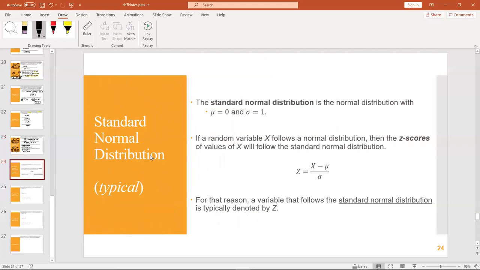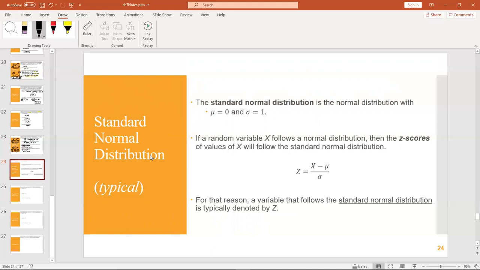Then there's something called the standard normal. This is where we assume the mean is just 0 and we have a standard deviation of 1. Typically what is done in statistics is you standardize things so that you can make a fair comparison of different sets of data where you might have a different mean and a different standard deviation.